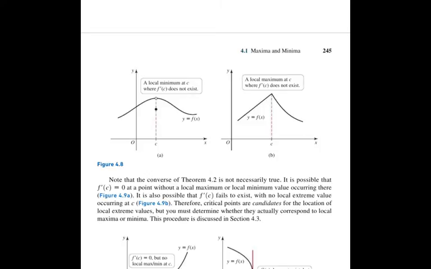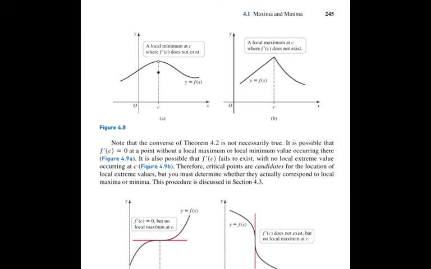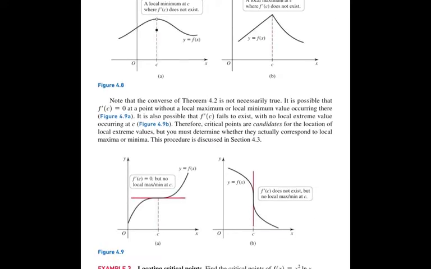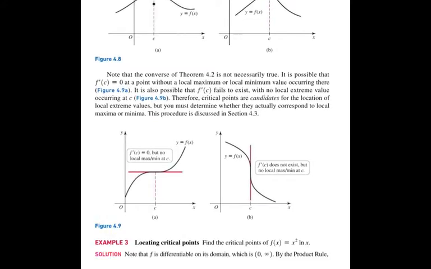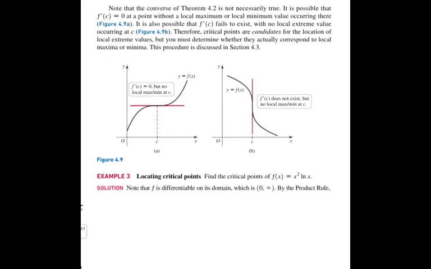So those are two examples where the derivative does not exist, but we have a local extremum. And note here that even though the derivative is 0, that doesn't guarantee that it's a local max or min.